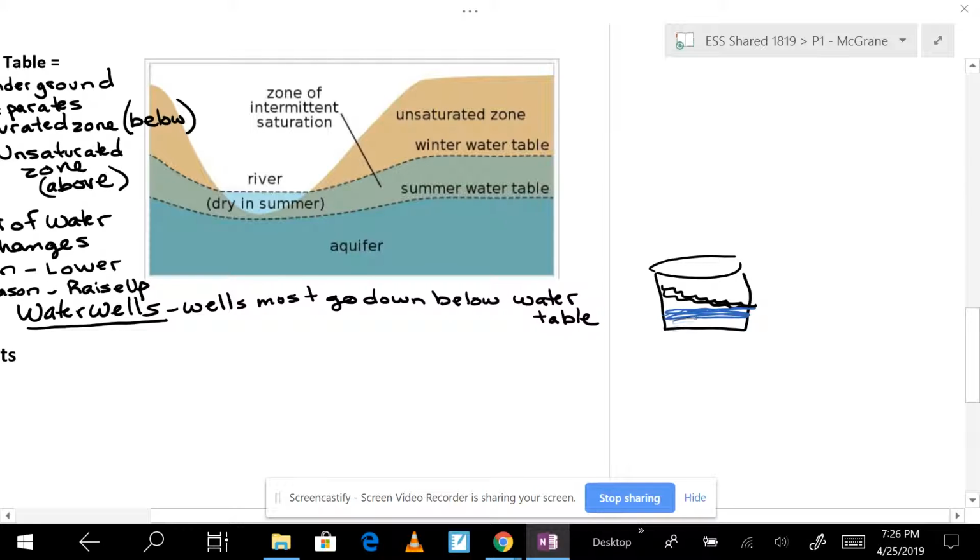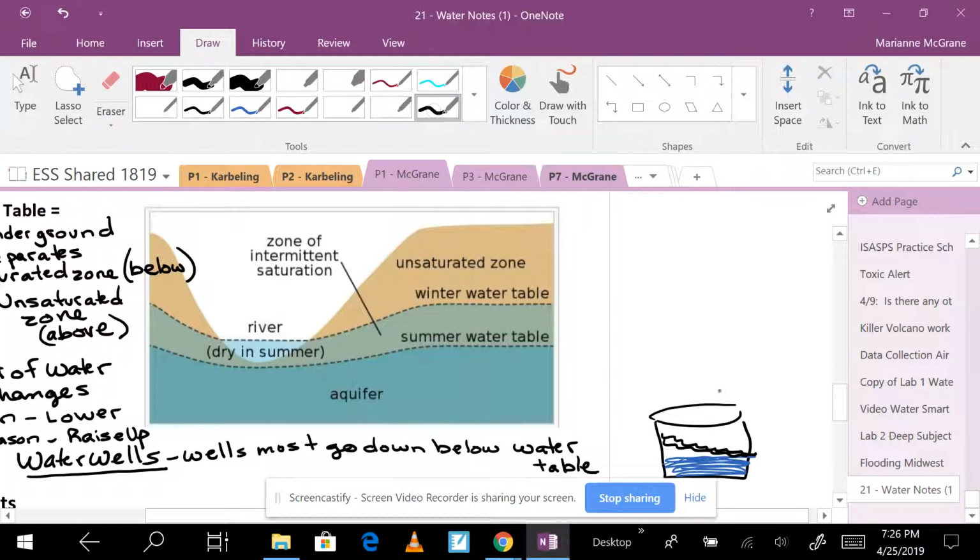This was all water, but you couldn't see it. If you had your well go in over here and just go down to that depth, no matter what you did, you're not going to get any water to draw up. No water is going to come up because the water is not reaching that particular point. Your water is just down below.